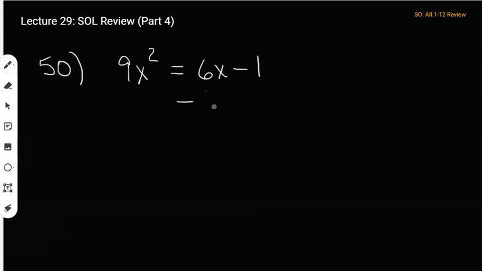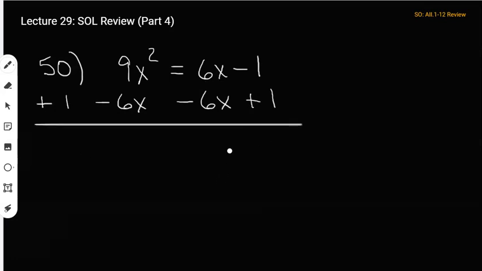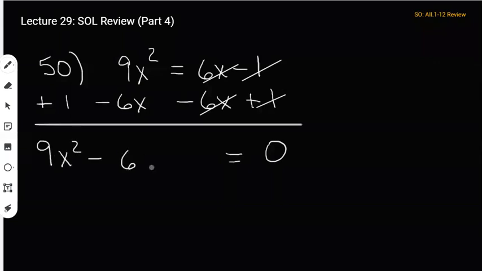So I need to subtract 6x from both sides, and I need to add 1 to both sides. Everything on the right side is going to cancel out, leaving me with 0. And on the left side, I'm going to have 9x squared minus 6x plus 1.